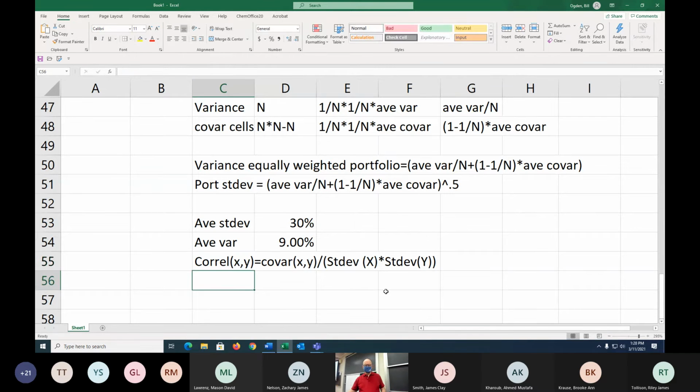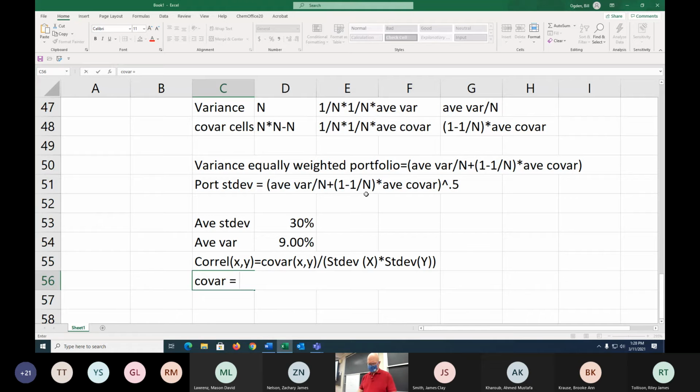I need the average covariance out of this, so we solve for covariance. Every place you see something, substitute the average. If I solve that for covariance, you can see it's the standard deviation of X times the standard deviation of Y times the correlation.